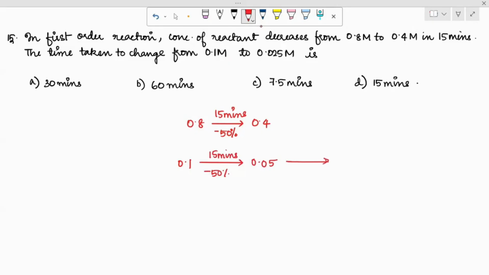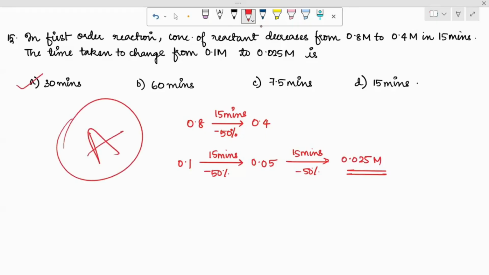And then in the next 15 minutes, again, 50% of this value will be reduced, which is 0.025. Easy. You can do it using the integrated rate equations as well, but that is going to take a lot of time. This is, see, it's done within seconds. Option A.